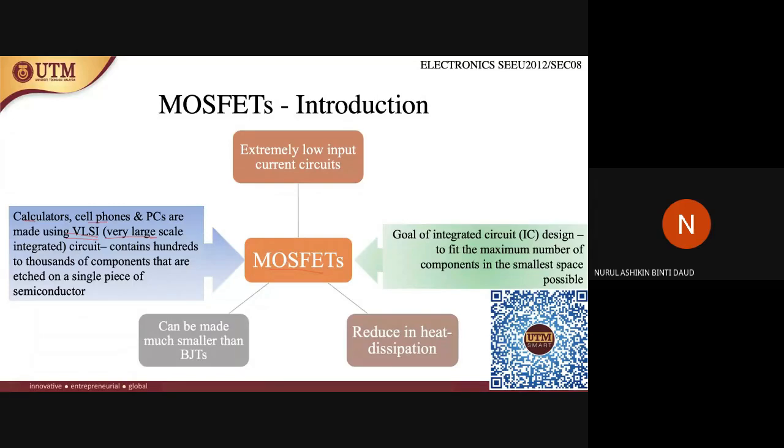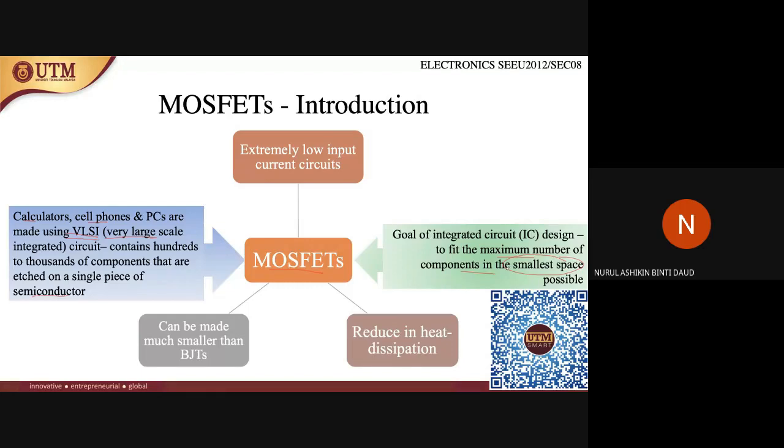It contains hundreds to thousands of components that are etched on a single piece of semiconductor. The goal of an integrated circuit, or IC, is to fit the maximum number of components in the smallest space. So that's why MOSFET has been introduced, because MOSFET is very compact in size.